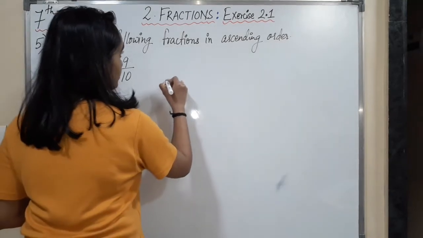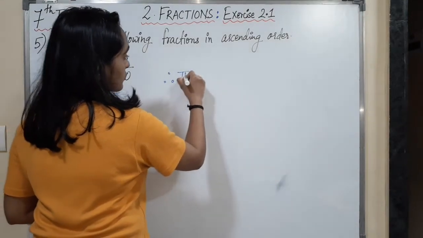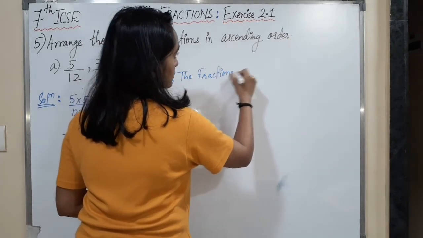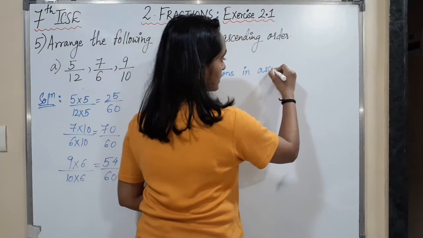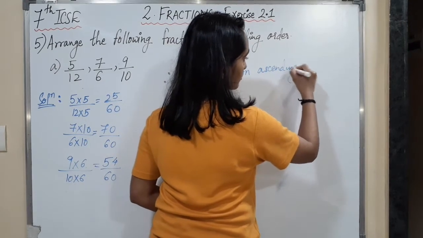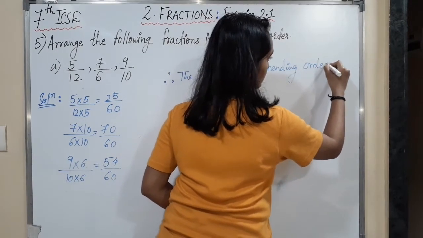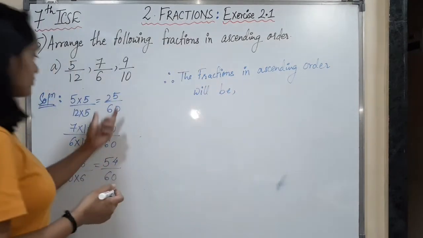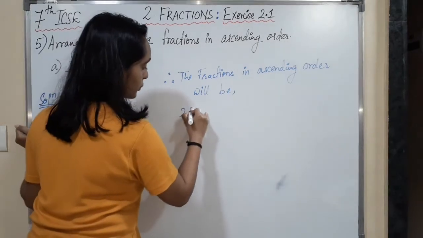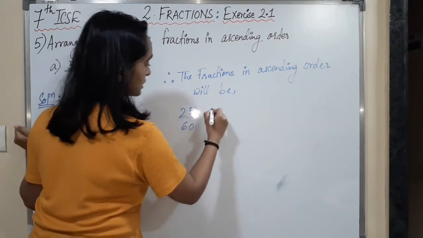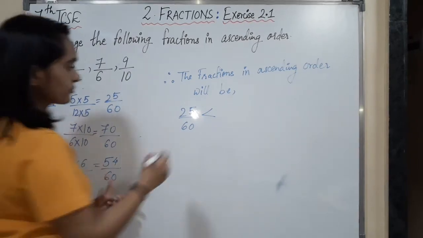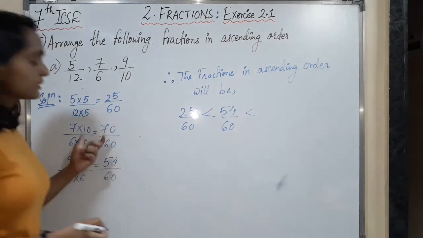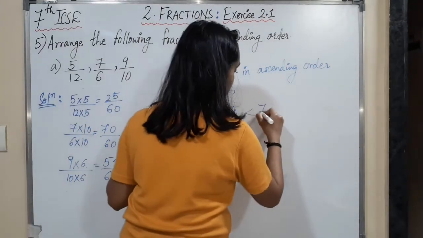Therefore the fractions in ascending order will be: 25 upon 60 is less than 54 upon 60, which is less than 70 upon 60.